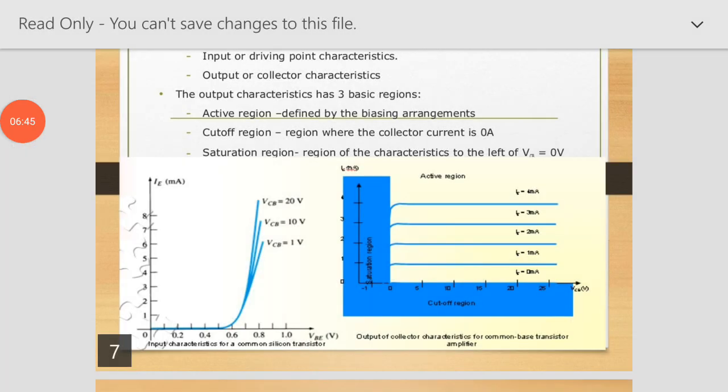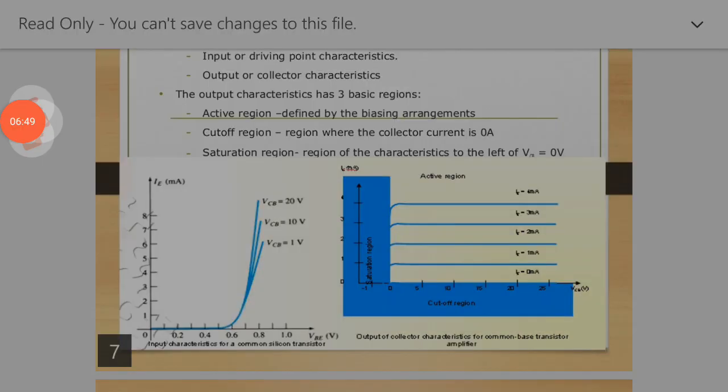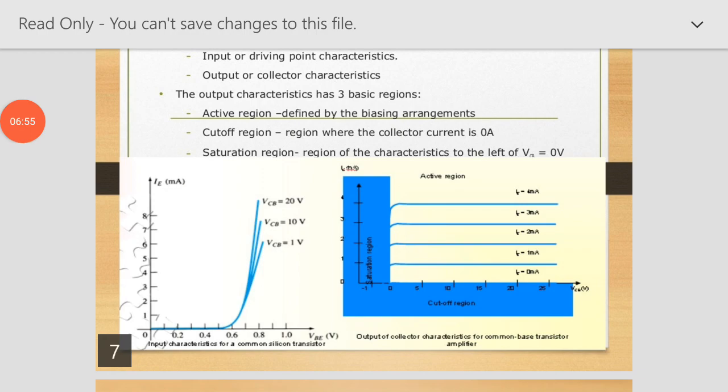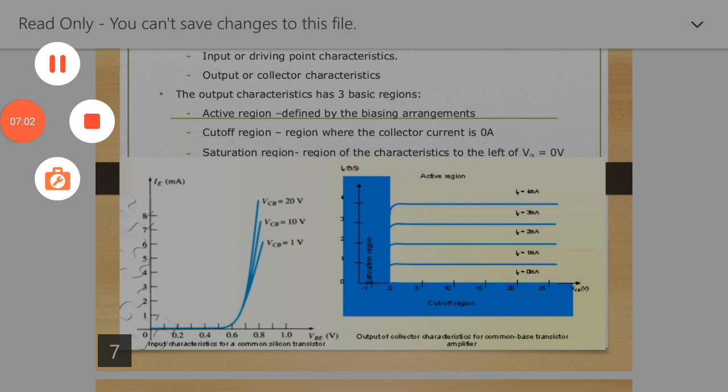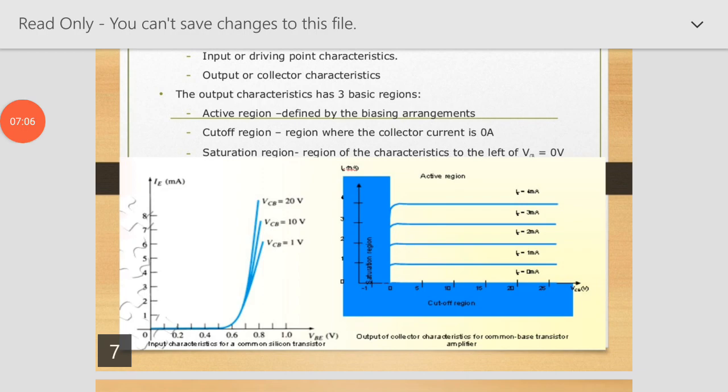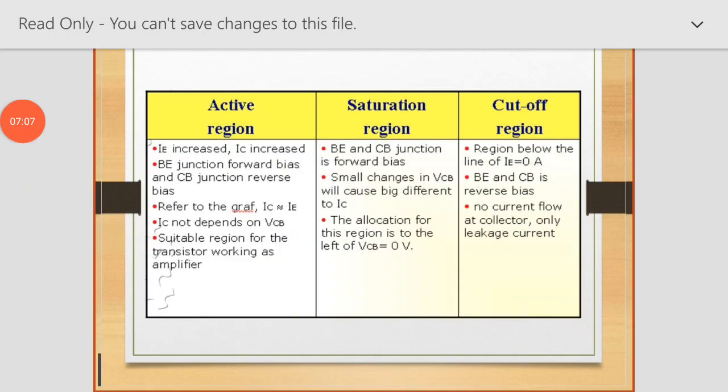On the x-axis is the voltage VCB, and the constant current is IE, the input current, which is constant in CB configuration. So the output characteristics of CB configuration is as shown in the figure. Both the input and output characteristics depend on the circuit diagram of CB configuration.